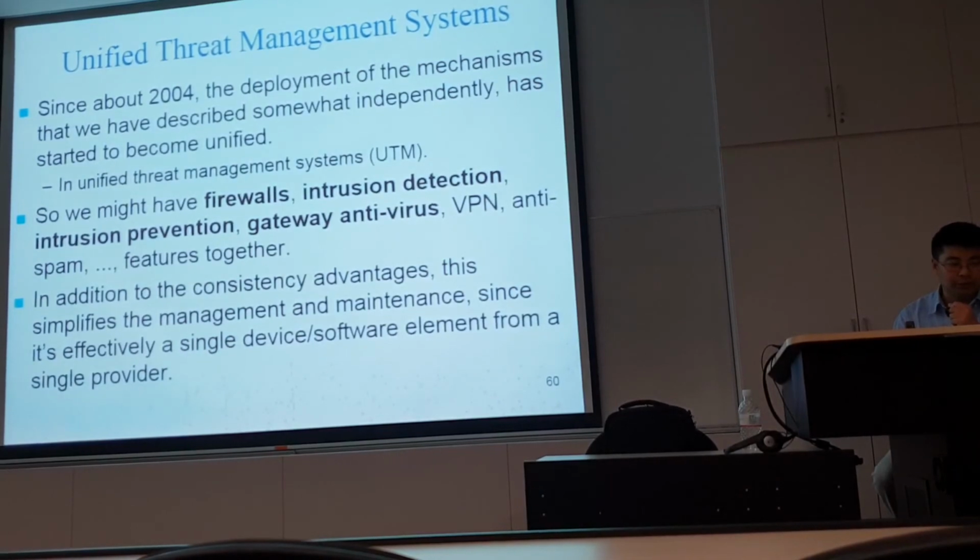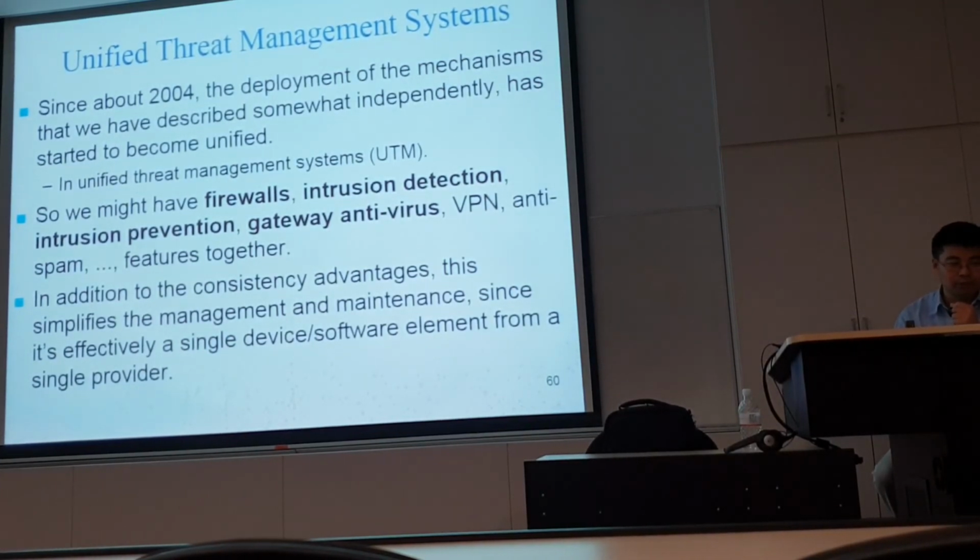Okay, so there is one system called the Unified Threat Management System. This was proposed in 2004. The system aimed to combine all the security systems together, installing this unified management system in the gateway or firewall of the whole network.